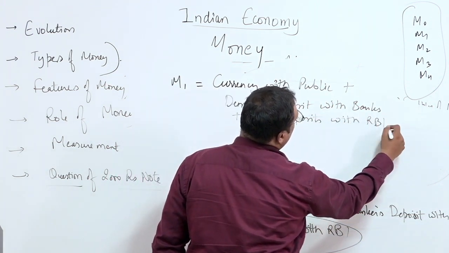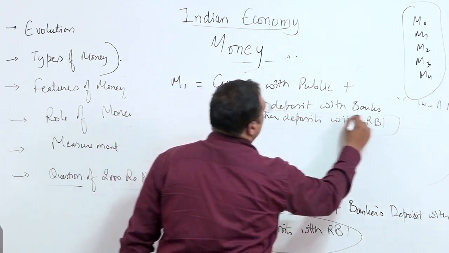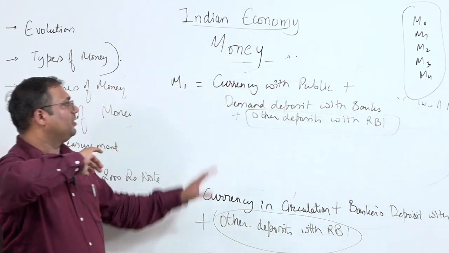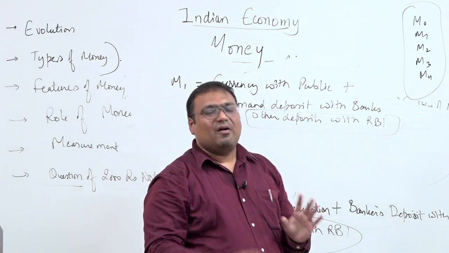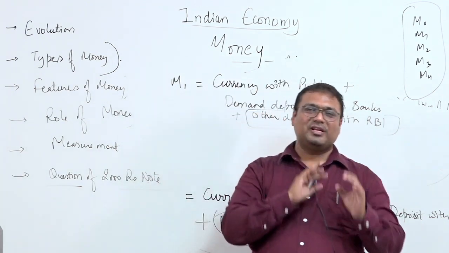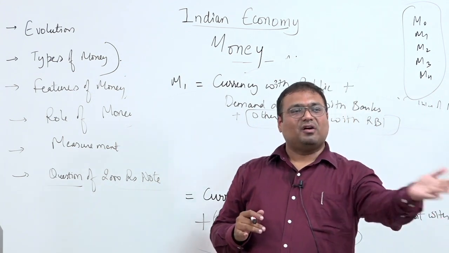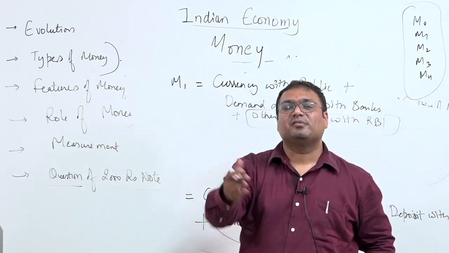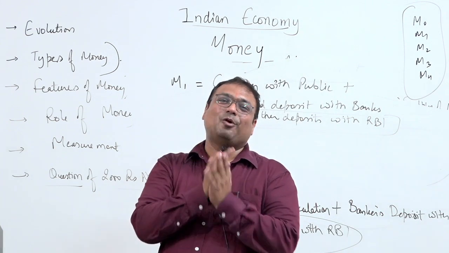Now I told you this third is everywhere. So this you just remember is everywhere. What is the rest? So M1 is actually the narrow money. M1 measures how much money is there for transaction, which is available with people and which they can spend at any point of time. Okay, that is how we define narrow money.